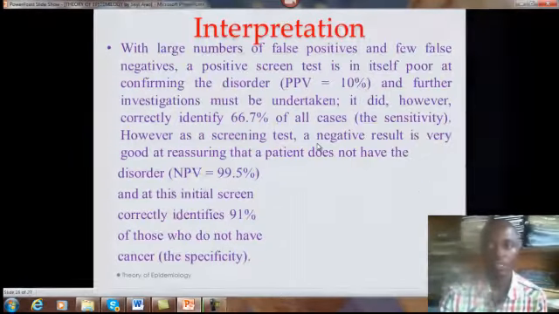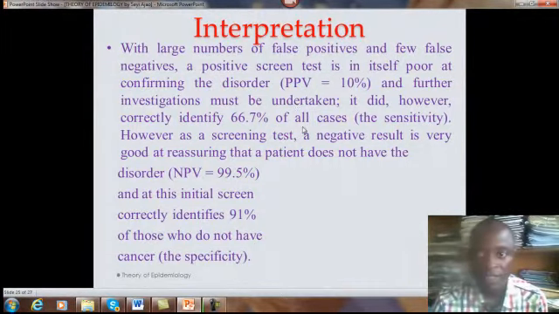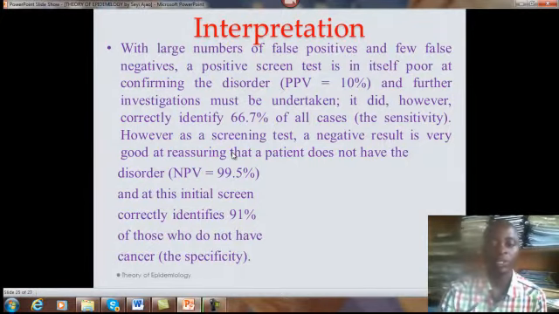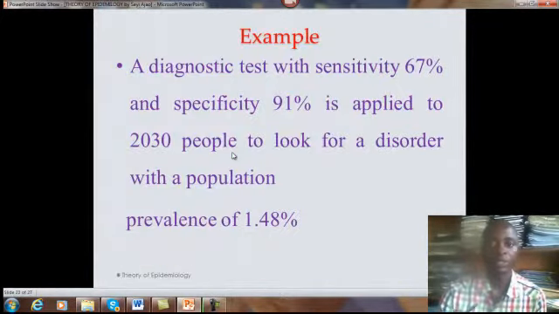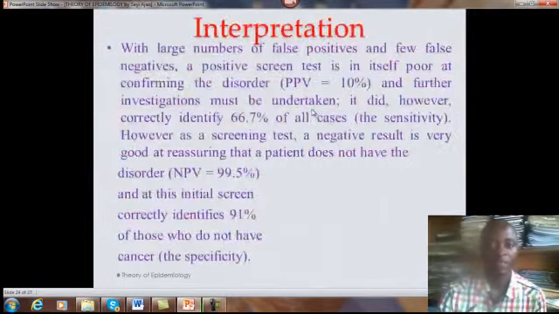If you have few false negatives, it correctly identified 66.7% of all cases, and that is the sensitivity according to the test as well. The example says 67% and specificity of 91%. So this is what we are testing here.